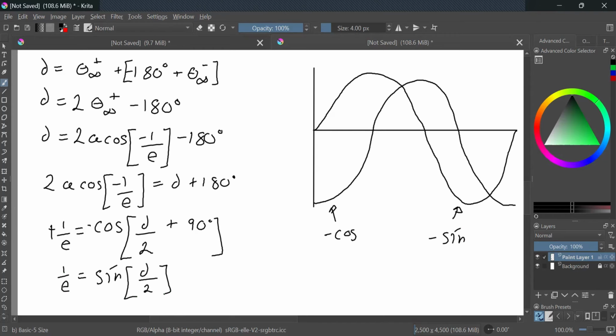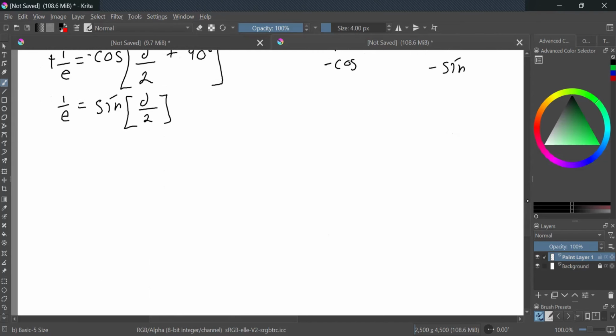And if we were to solve explicitly for the delta here, then we would get something that looks like this. Delta is equal to 2 times the arc sine of 1 over e.